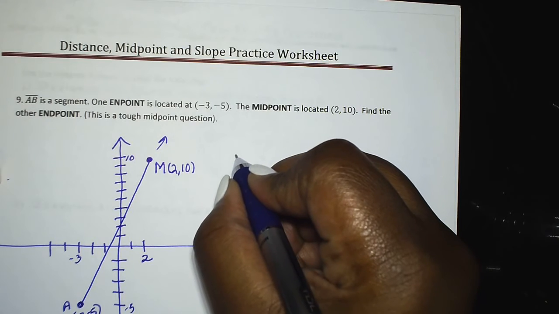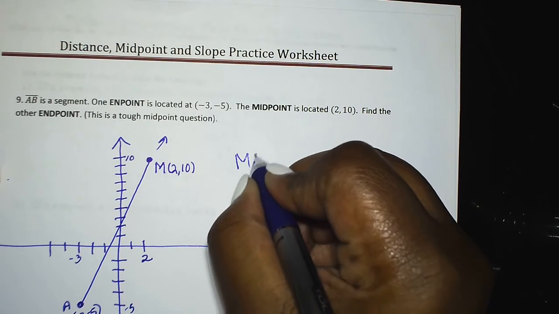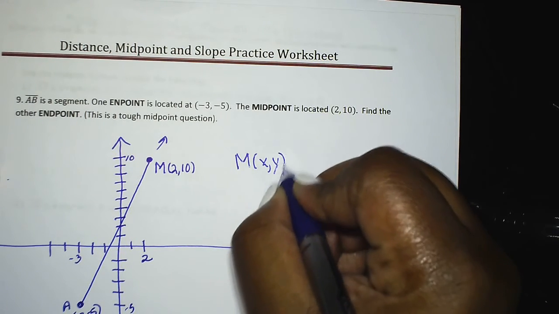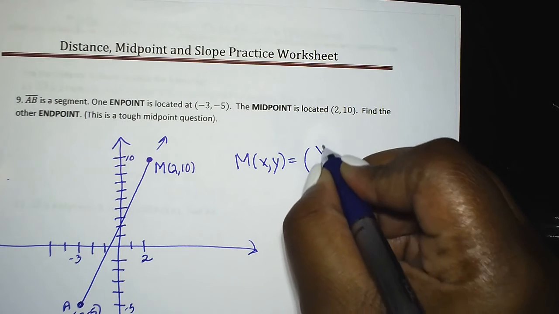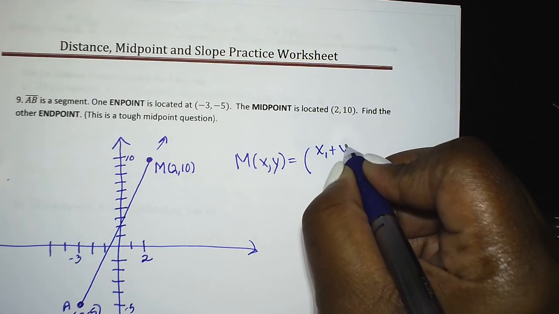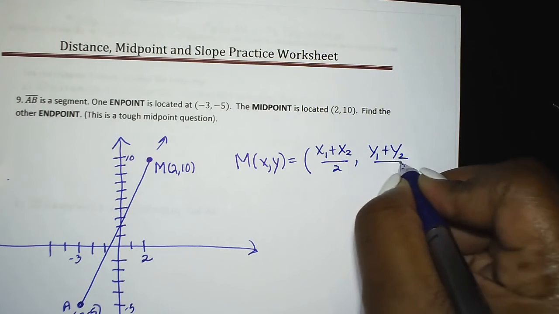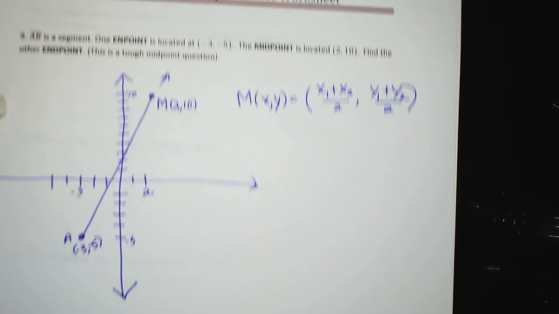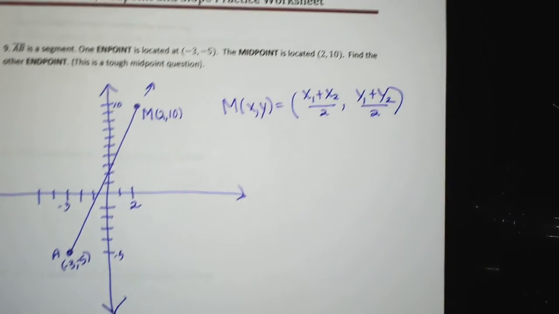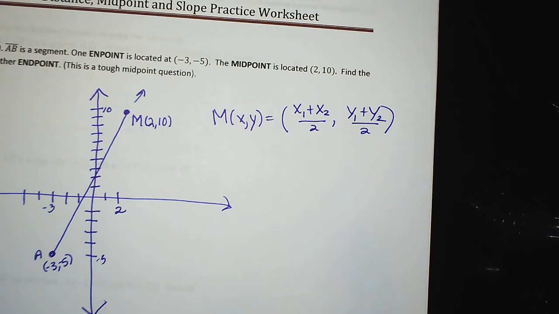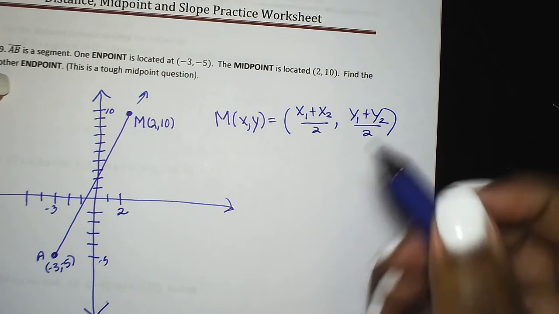So this is how you set it up. You use the midpoint formula, and you set it equal to x1 plus x2 over 2, y1 plus y2 over 2. Right. Now you can pause and stop this video if I'm going too fast. That's why I create videos, right?